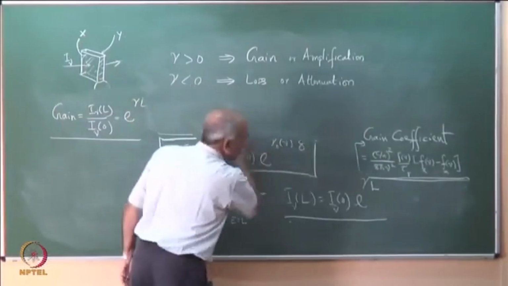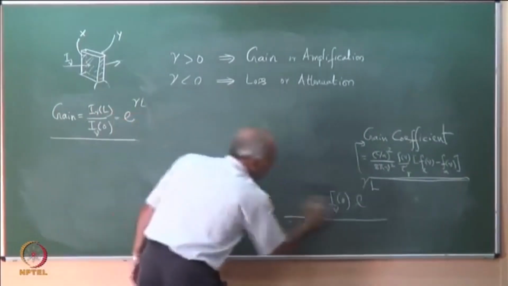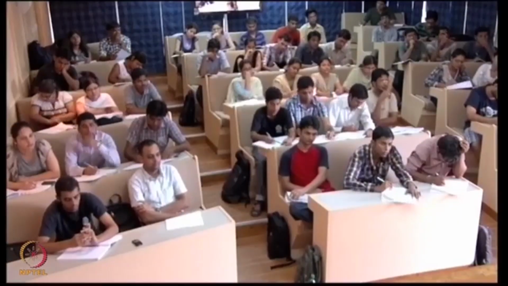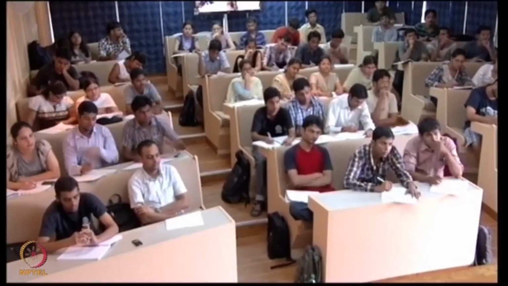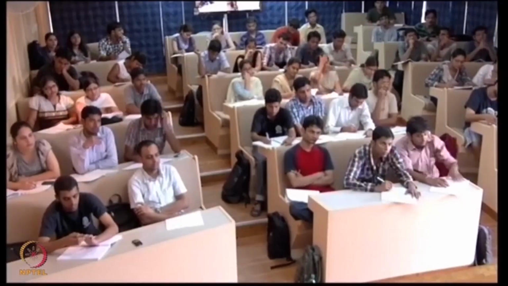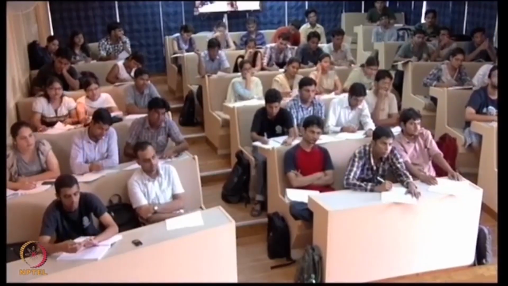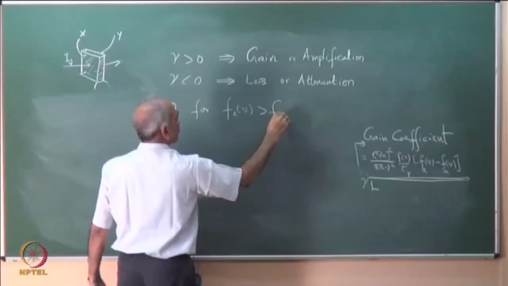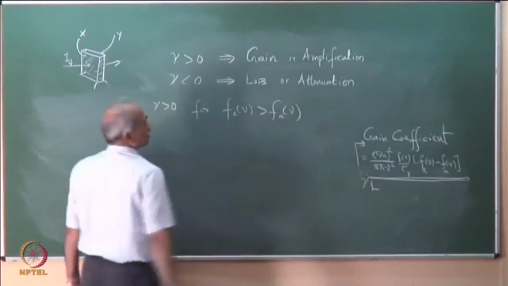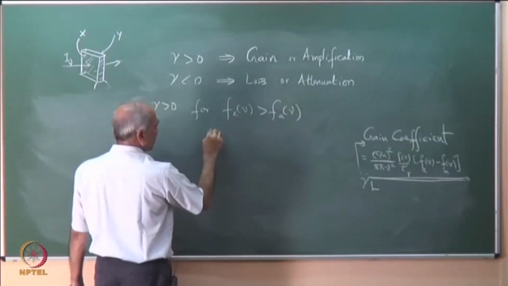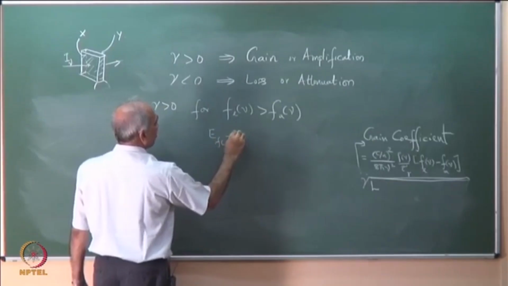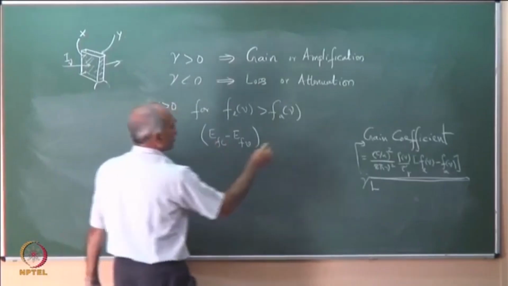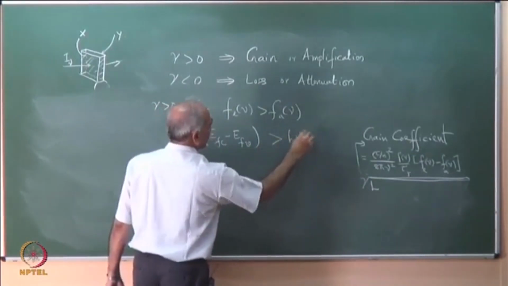And so, gamma is greater than 0 for f e of nu greater than f a of nu, and this happens when E f c minus E f v, the difference between the quasi Fermi levels, is greater than h nu.